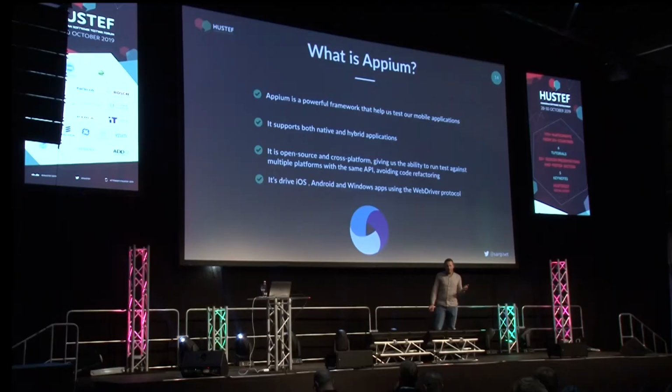It's open source and cross-platform, giving us the ability to run against multiple platforms using the same API. So basically, if you are writing reusable code, you can use exactly the same code to run on both platforms. It drives iOS, Android, and Windows. Actually, Appium is also supporting Windows apps, and upcoming they should go for more technologies.